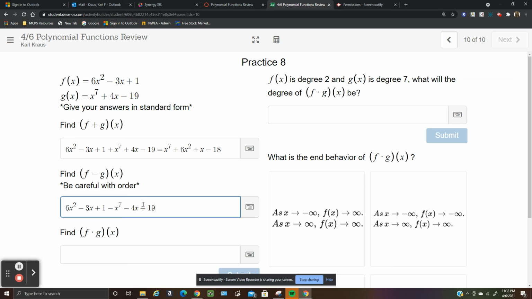So just do the opposite of these three terms and then add them together. So negative x to the 7th plus 6x squared minus 7x plus 20.